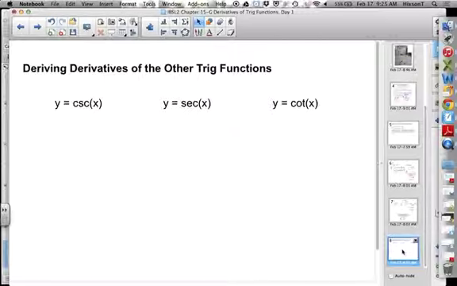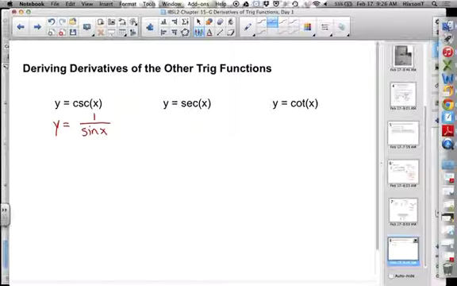Now, how you choose to do these is kind of up to you, alright? But let's think about cosecant. Cosecant can be rewritten as what? 1 over sine. Do I have to use the quotient rule? No, because the derivative of 1 is 0.